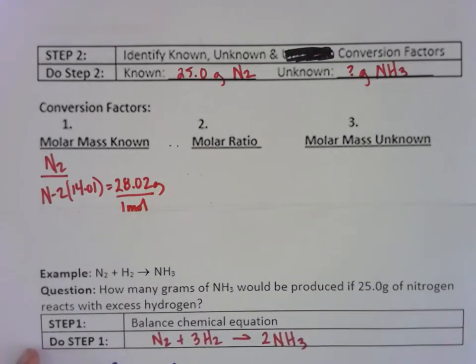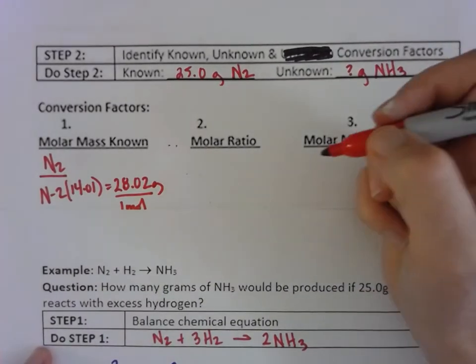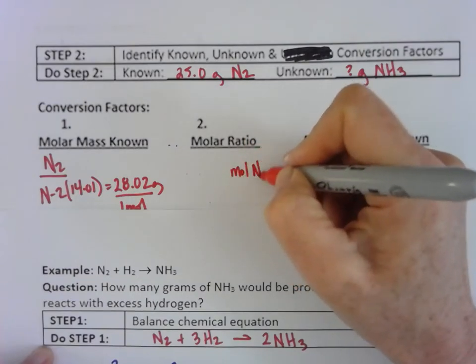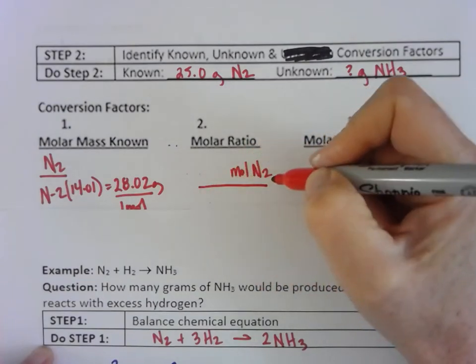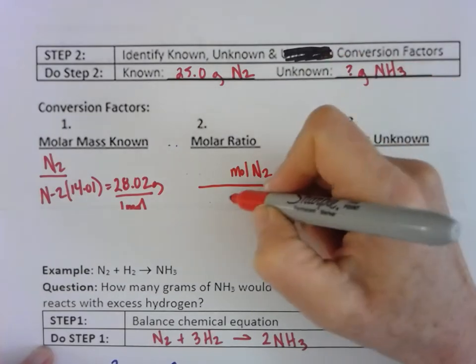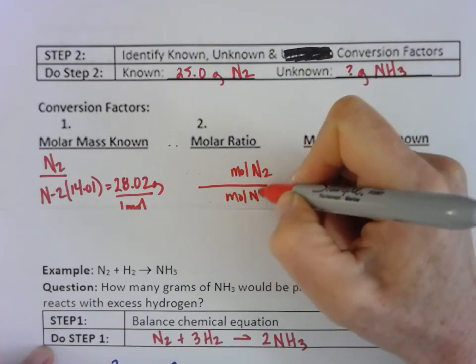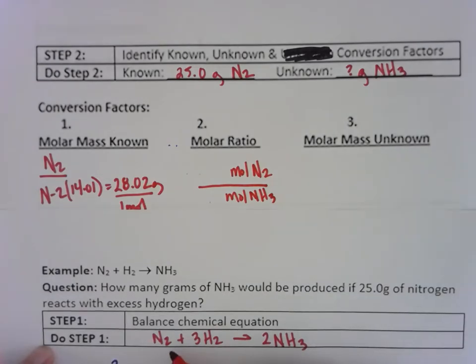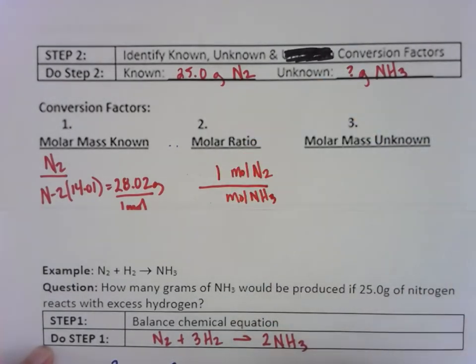Here's the reaction. I have mole N2 over mole NH3. So the N2 has a 1 and the NH3 has a 2.